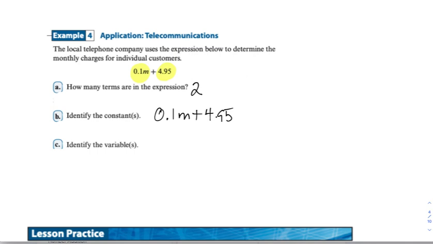If you remember, constants are numbers that are always going to be the same and will never change. So our constant here is 4.95. Our variable, on the other hand, would be M. Our variable would be this M value here, because I'm not sure what M is, and it can change. It varies because it's not a definite thing.